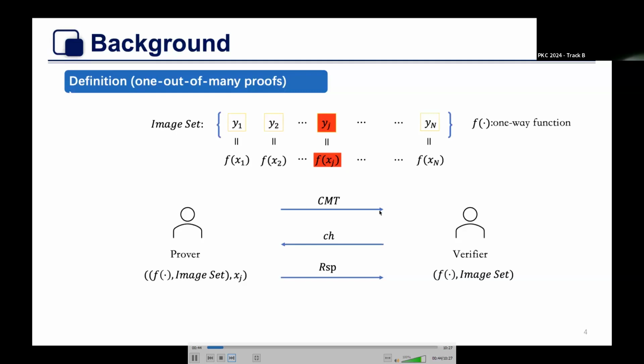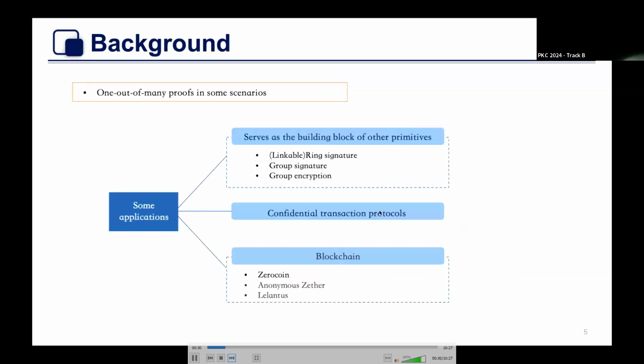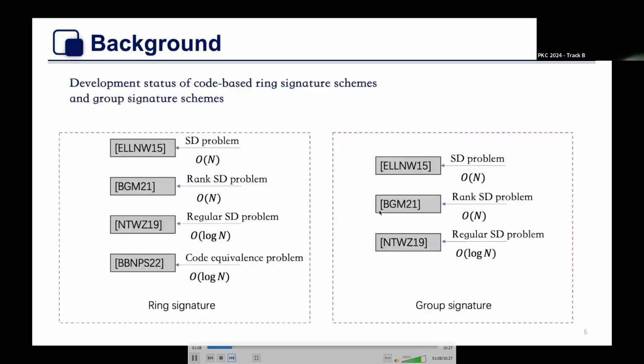One-out-of-many proofs have many application scenarios, such as serving as components of other primitives like ring signature schemes, group signature schemes, and group encryption. They can also be used to construct confidential transaction protocols and blockchains.